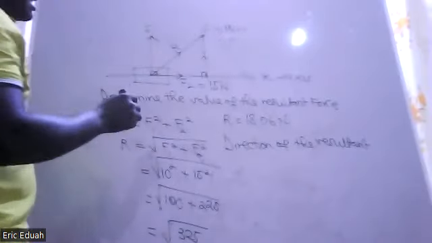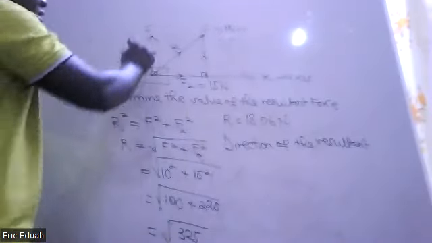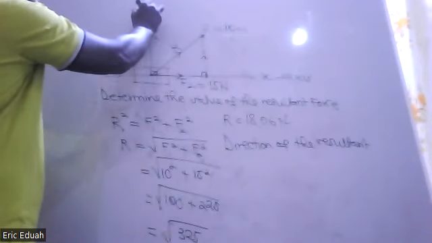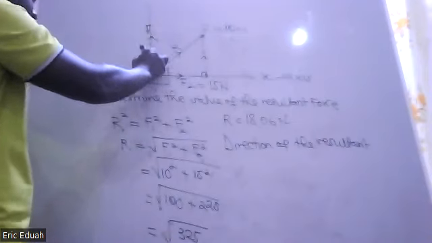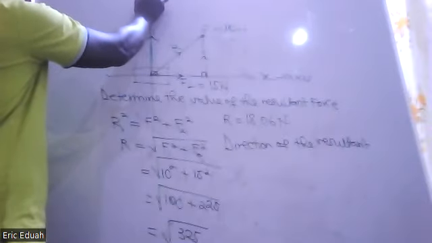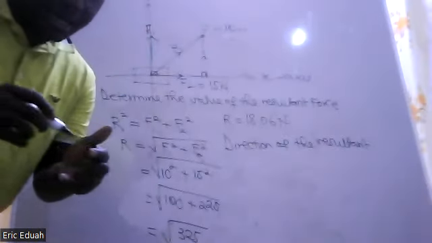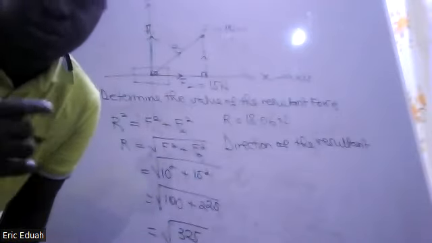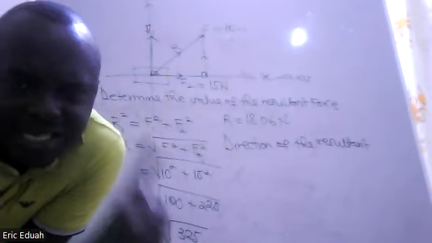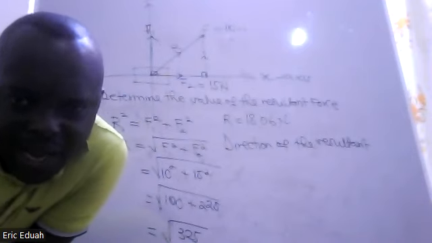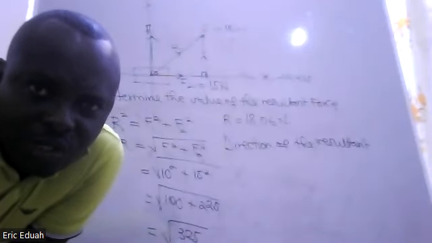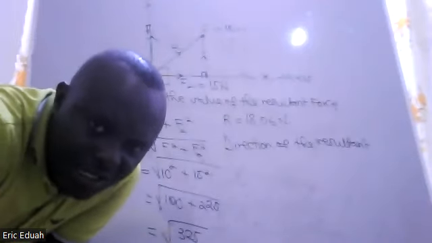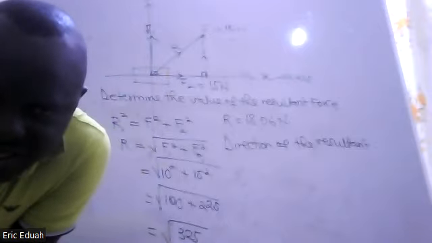If we look at it, the force F1 is also put on the y-axis. So whenever the question is about direction, you look at the direction of the resultant force from the x-axis or from the y-axis.